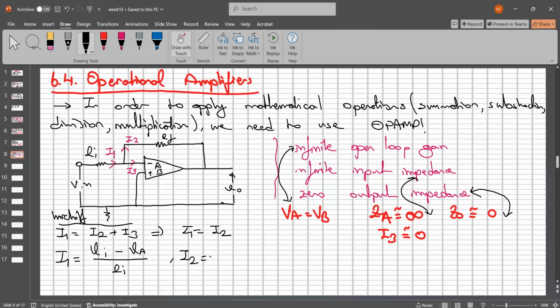Just tell me. What is this point? VA. VA minus V out divided by RF. What is the value of VA?